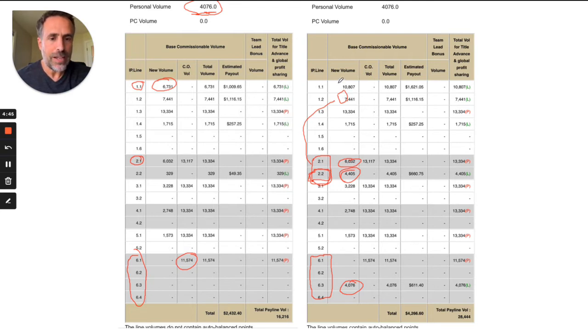That's what happened right here. So basically, out of the 4,000 points, we earned $600 extra, another $600 here, and another $600 there. So we basically earned $1,800 out of 4,000 points of volume. That's the power of auto balancing.